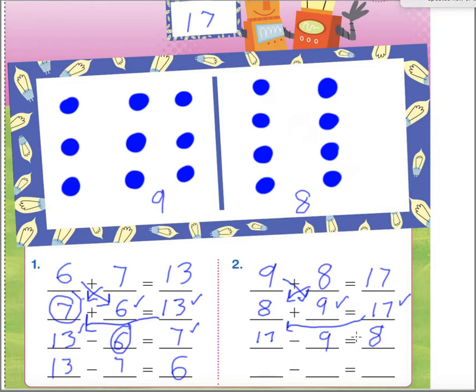So if you guys see, you don't even have to use your fingers, because as long as you already know what all the numbers are that you're using for the first addition fact, we're just reusing them. So you don't have to think, oh man, what is 17 minus 9? Because the answers are already right above. Done. And what's another way we can write a subtraction fact? Well, we can make sure that 17 is first.